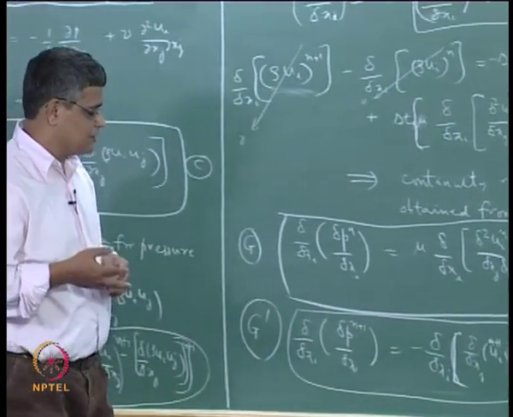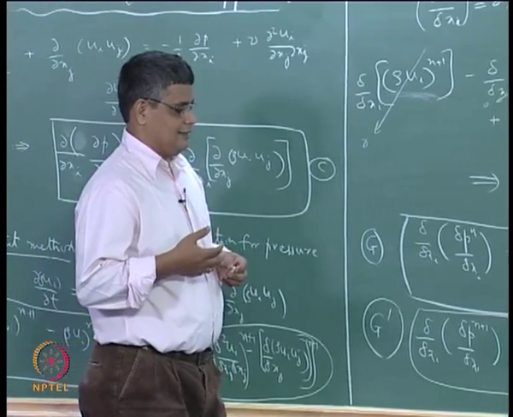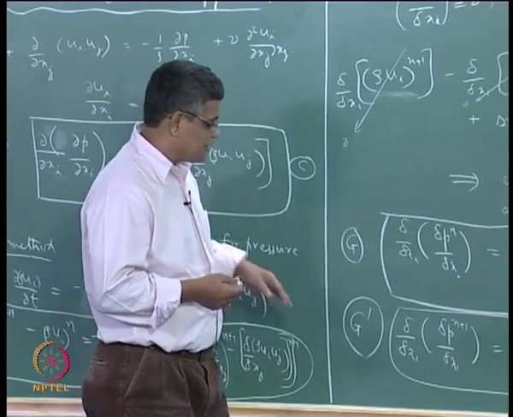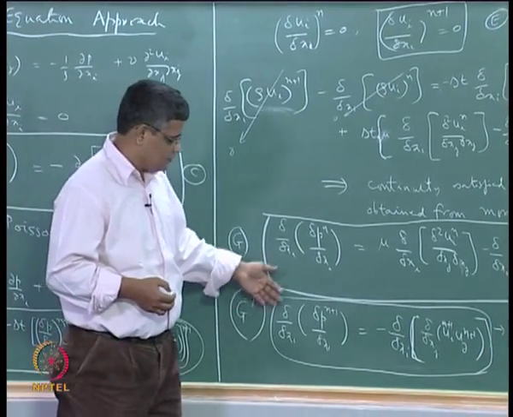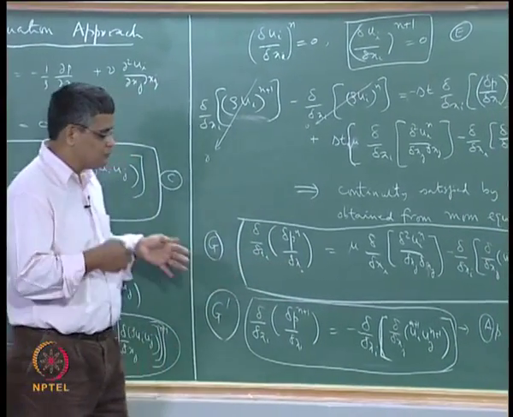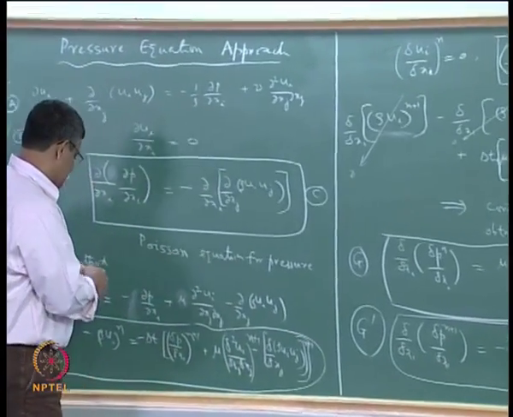Okay, so we can reduce the computational time required for the repeated solution by taking specific advantage of the nature of this equation and what we are altering in this. Okay.